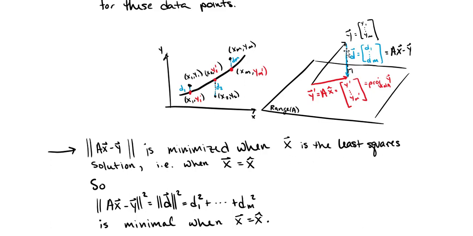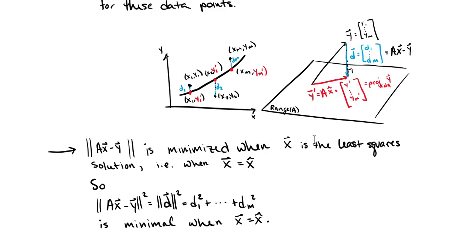But notice Ax minus y here in general is just the difference between these y coordinates: y1 prime minus y1, y2 prime minus y2, and so on.